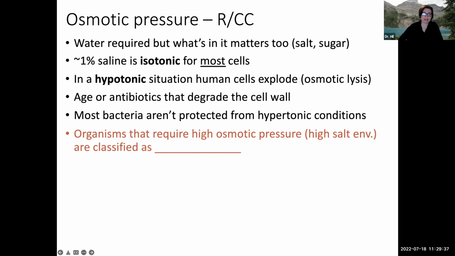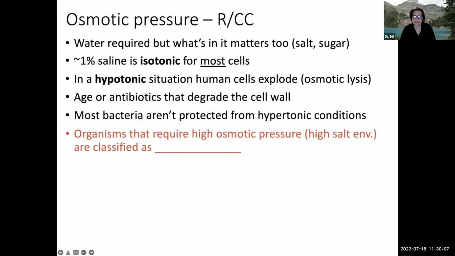Now, some organisms are so adapted to high salt environments that they actually have to have it or they're dead. What do we call them in that case? What's their category? So yes, halophiles is part of it.